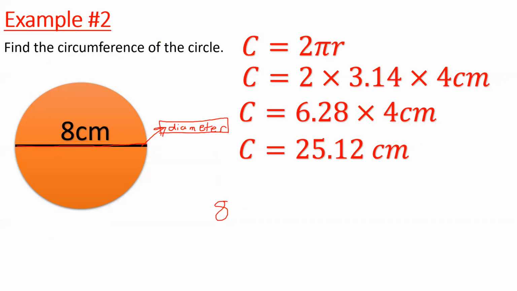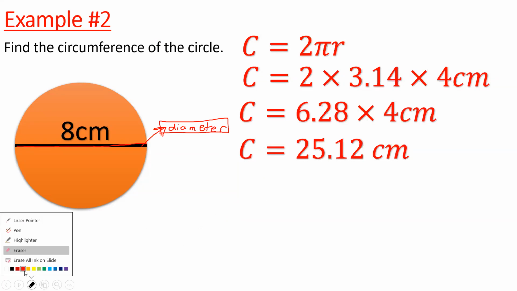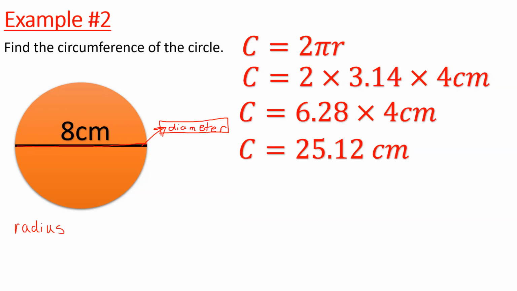We don't want the diameter. What do we want? We want the radius. Since we want the radius, we have to divide by what? The radius is going to be 8 centimeters divided by 2, which is 4.